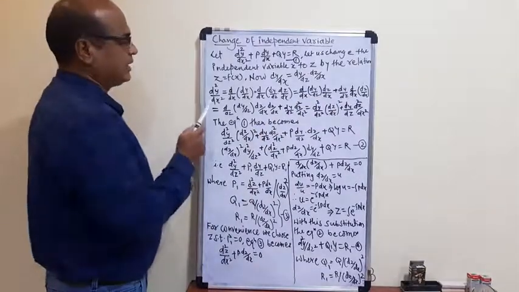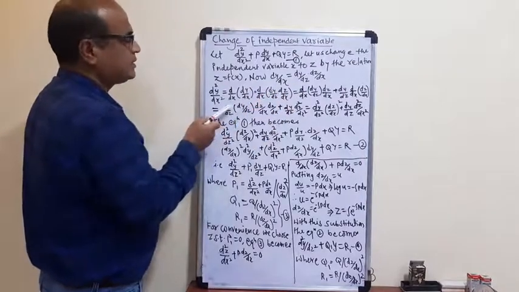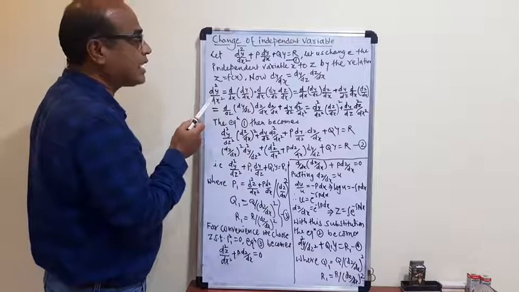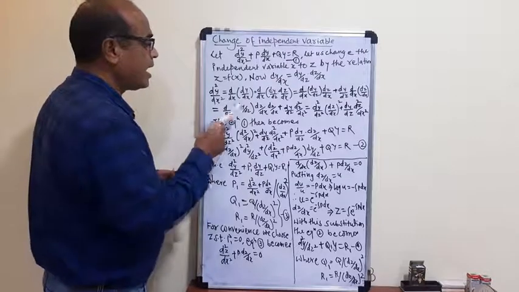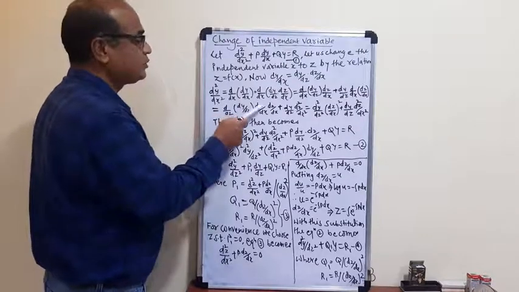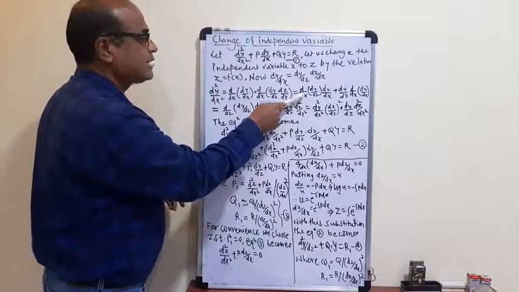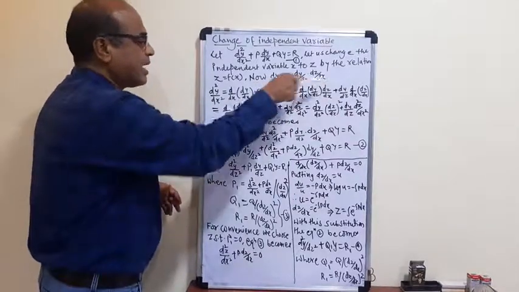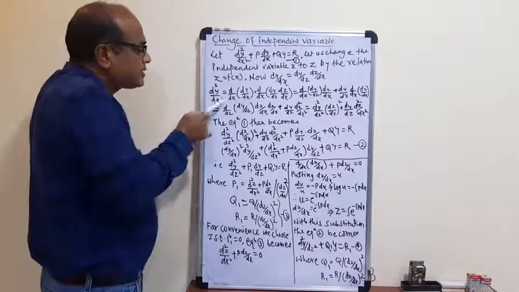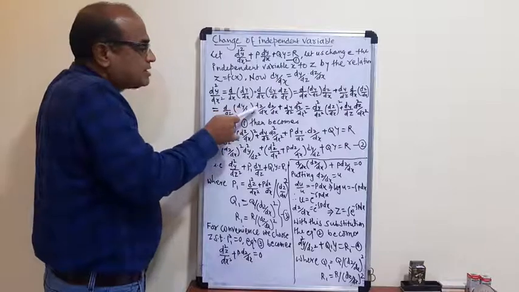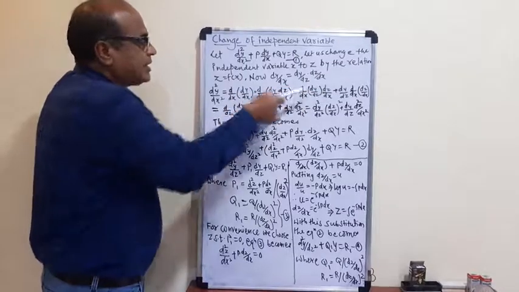Okay, then what is the next step? We write this operator d by dx in terms of d by dz. So how can we write that? d by dx is d by dz into dz by dx, the dz cancels. So d by dx of dy by dz can be written as d by dz of dy by dz, and dz by dx as it is.